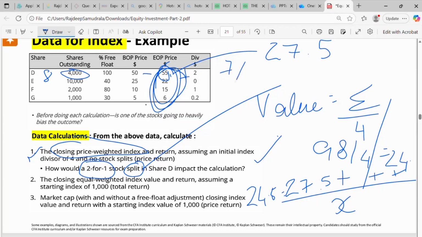So my answer is 7 divided by 50, the return for D. Same for E: 25 minus 22, so it's 3 negative, and we'll probably post 4. Sorry, 3 negative and 0. So it's minus 3. For F, it will be 5 positive. And for G, it will be minus 1.